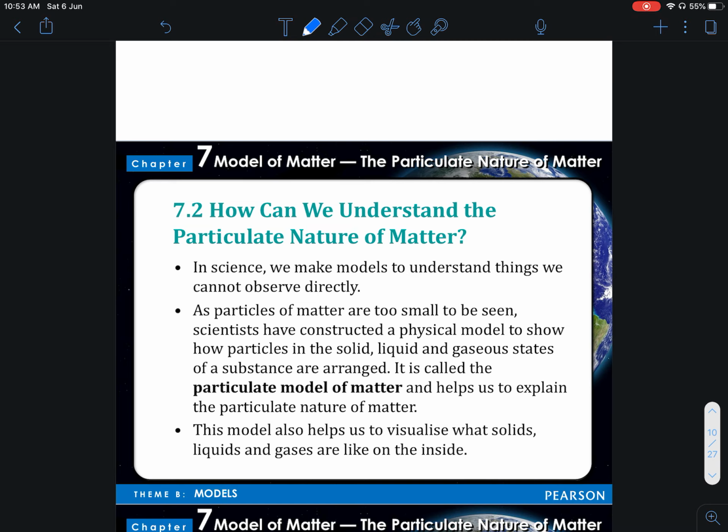One way, if it's too small, we do the experiment to find out if there is space. So in the alcohol and water experiment, we are able to show that there are actually some spaces between particles. Okay. Secondly, we also want to see the movement of particles, and that's through the experiment of diffusion, where we can see that the particles actually are able to move.